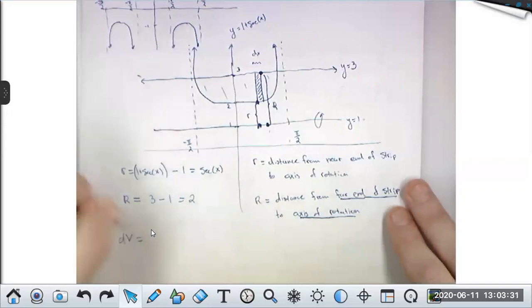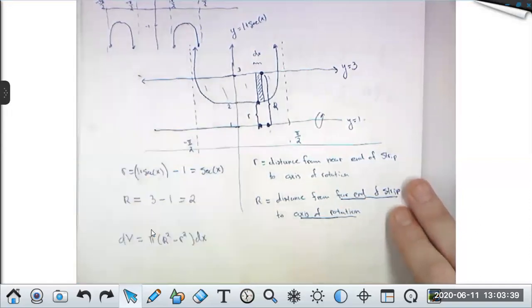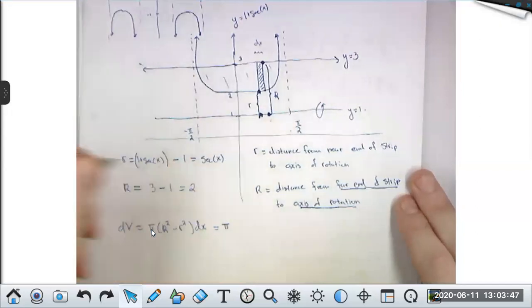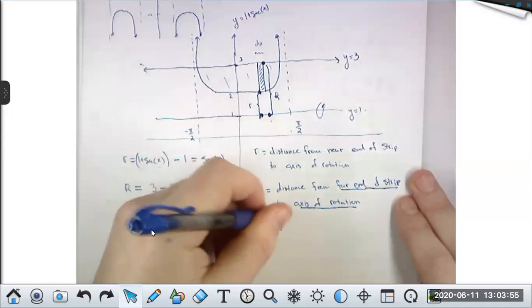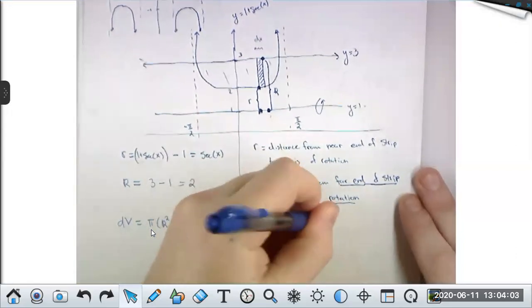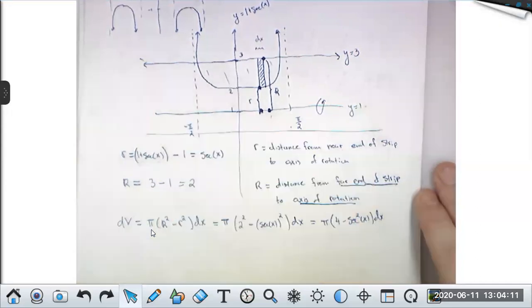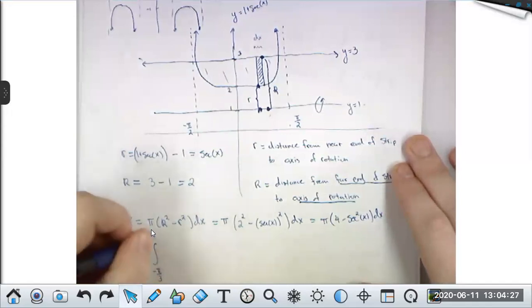The dV. And then finally, we're going to integrate dV to get V. Integrate from negative pi over 3 to pi over 3.